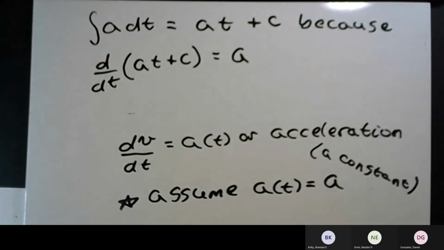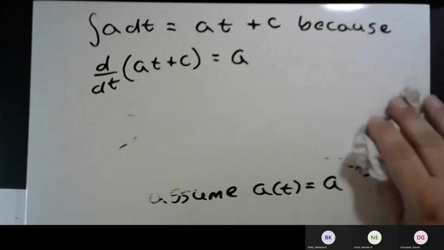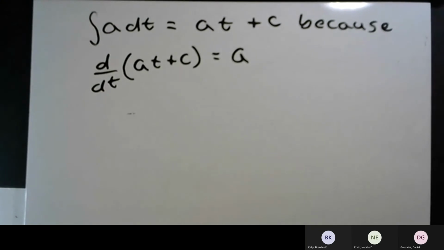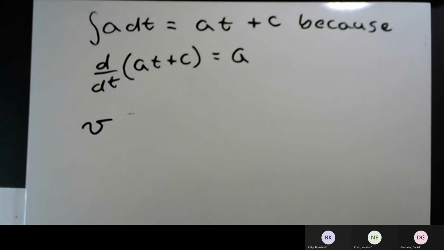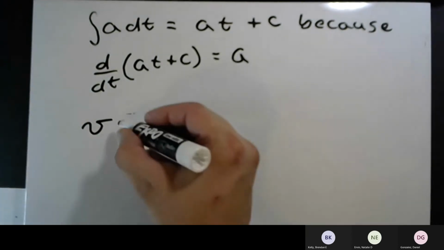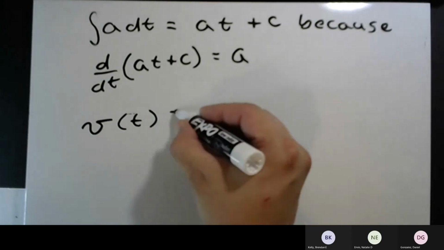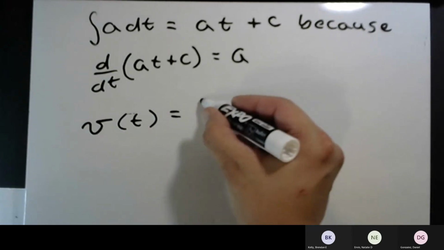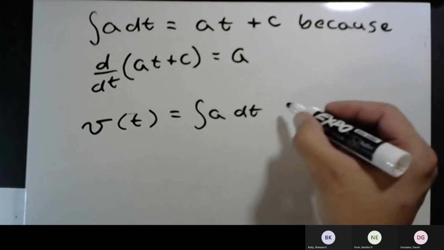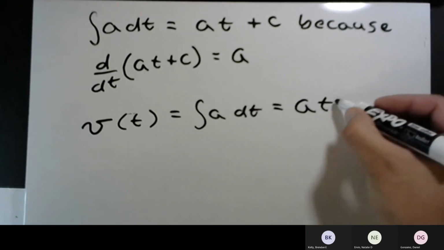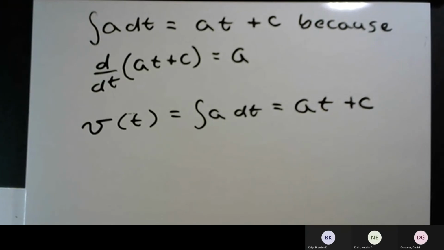We're going to get A. So this means we've reversed the derivative on the velocity. So this means velocity, which is the integral, the reverse of its derivative, is AT plus C.